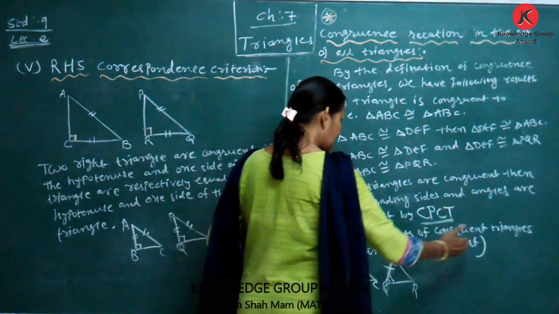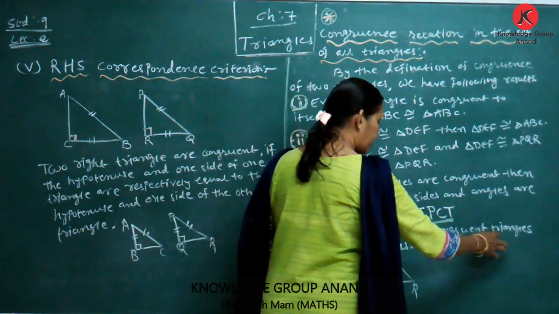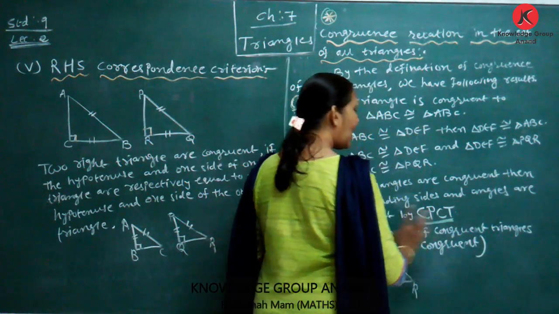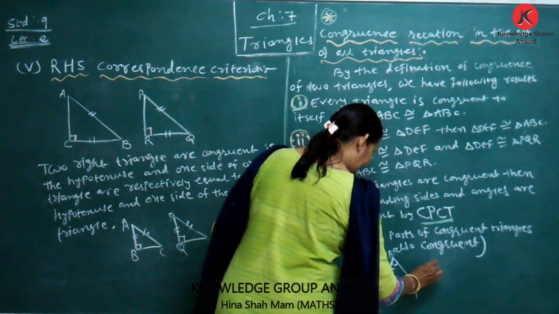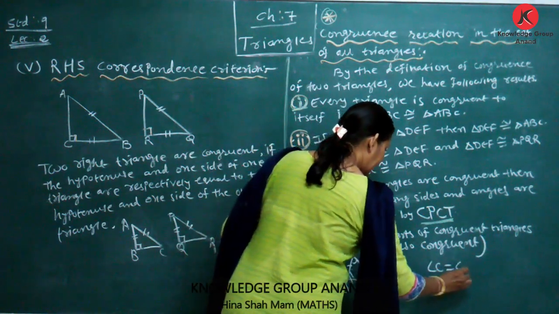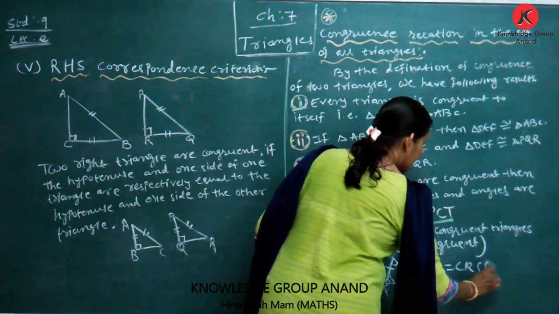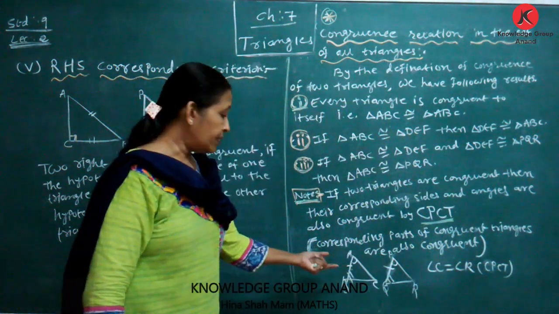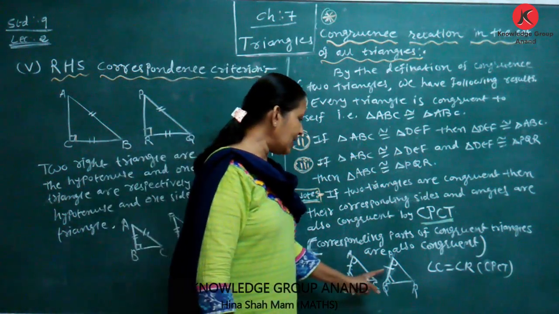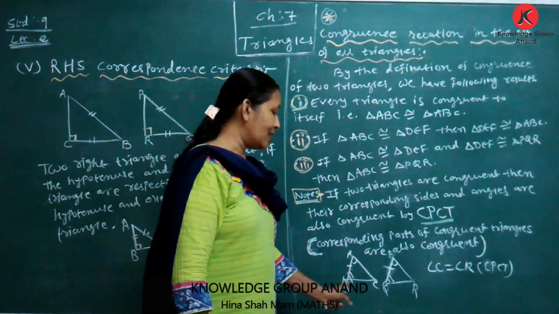Don't write the full sentence like this. Corresponding parts of congruent triangles are also congruent. We write here like this: angle C equals angle R by CPCT, because ABC is congruent to PQR by ASA.